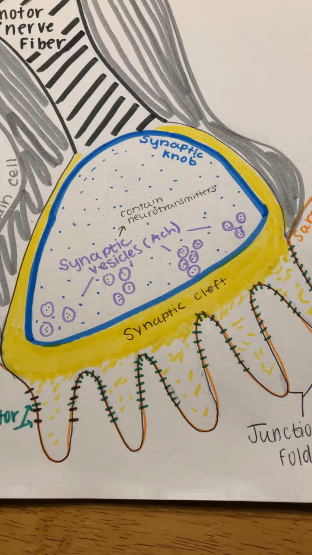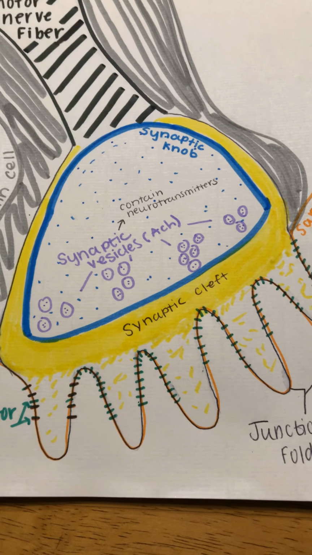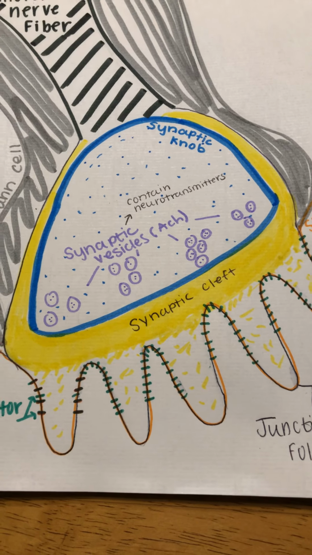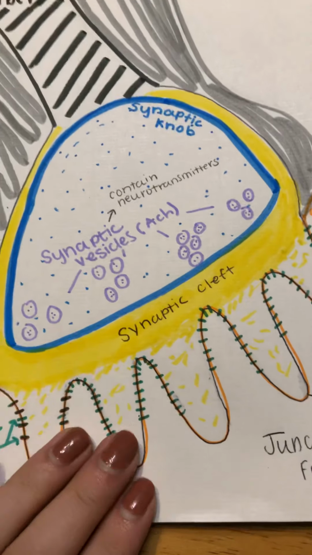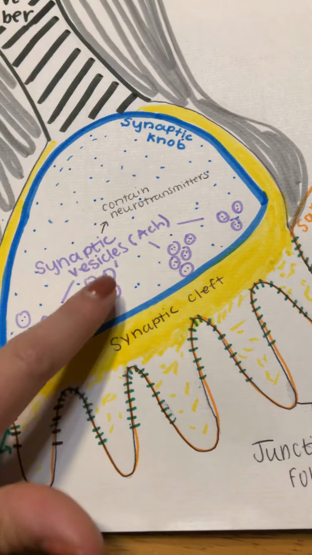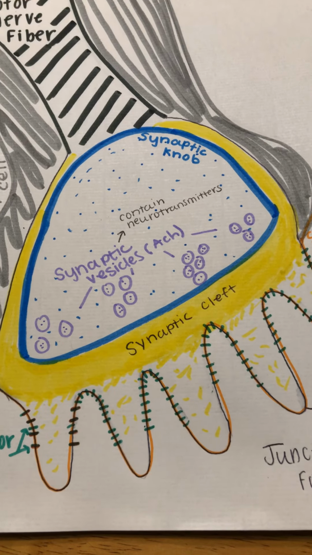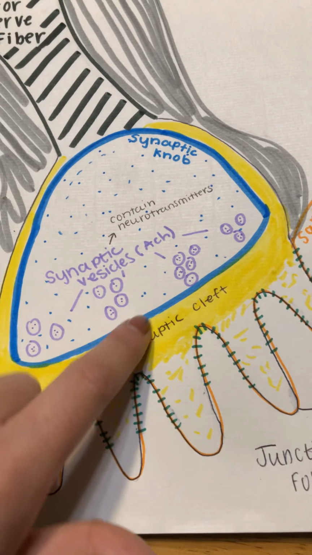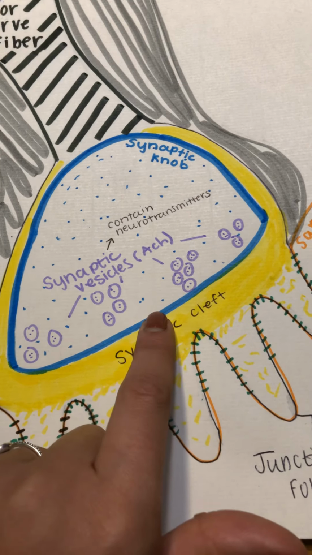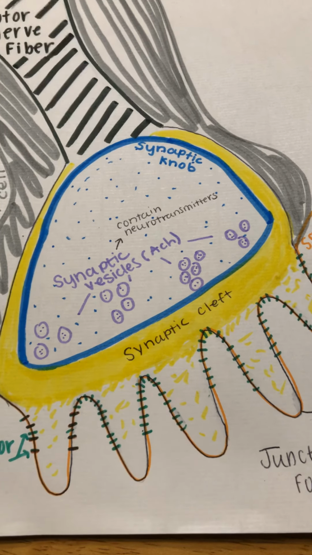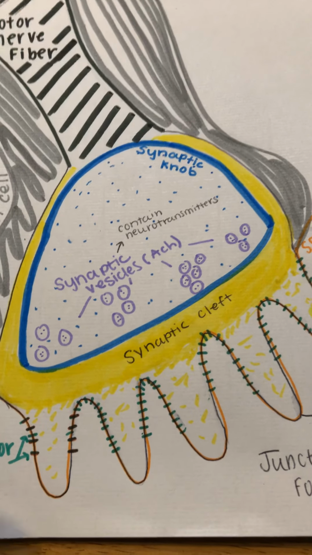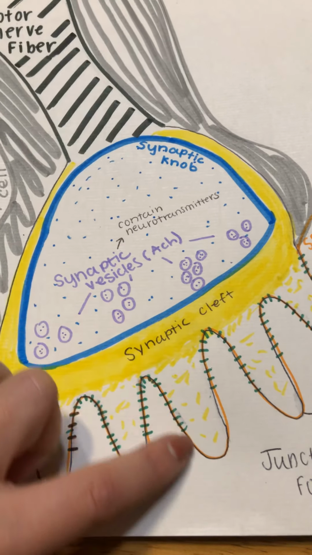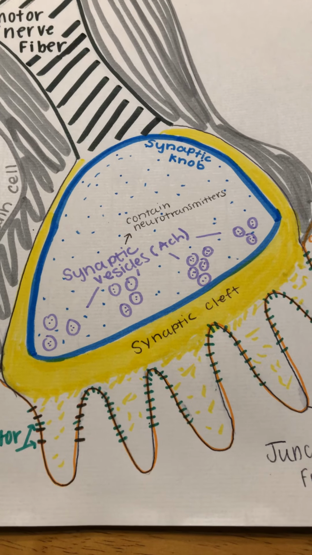And since the electrical signal from the nerve impulse that travels down the nerve fiber can't cross the synaptic cleft, there's a chemical that comes up here and it releases it, and this binds together. So it kind of fuses together with that cleft and it becomes one. So those neurotransmitters can release and go down and continue their job.